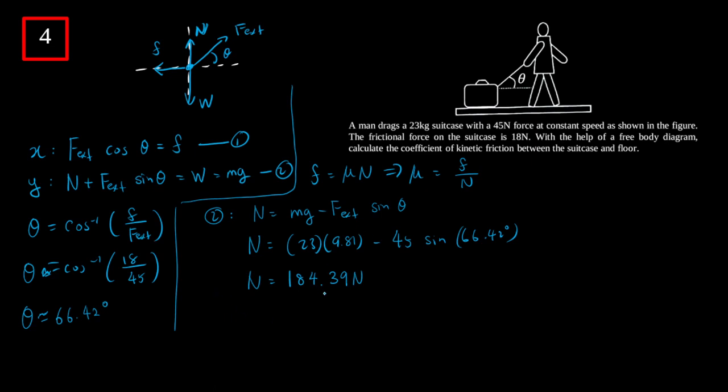Now that I have both N and F, I can calculate what our mu is going to be. Our mu is simply going to be 18 over 184.39. That leaves us with mu equals 0.0976.